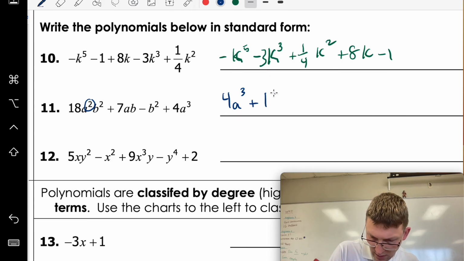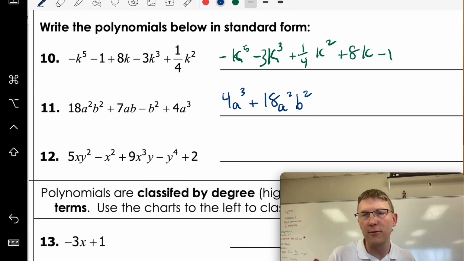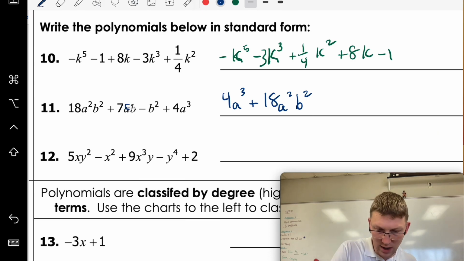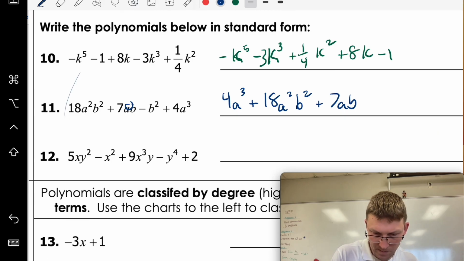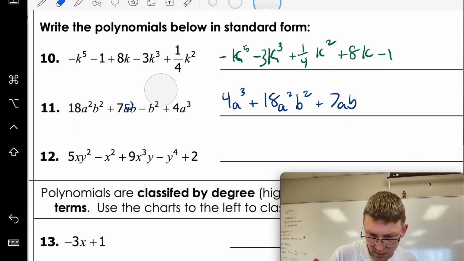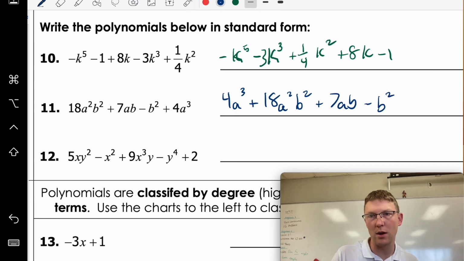So plus 18a squared b squared. From there, looking at my a's, we've got a to the 1st, or just a, 7ab. And then what do we have left over? We have a b squared. Yeah, just minus b squared.